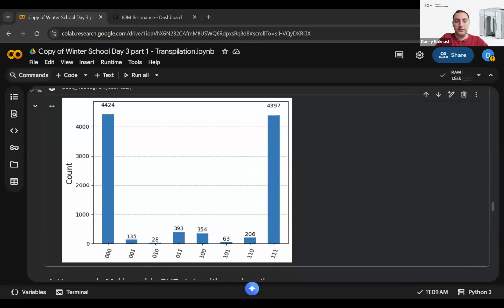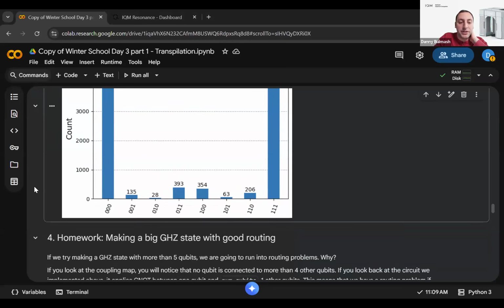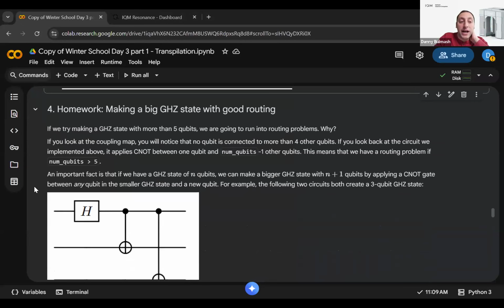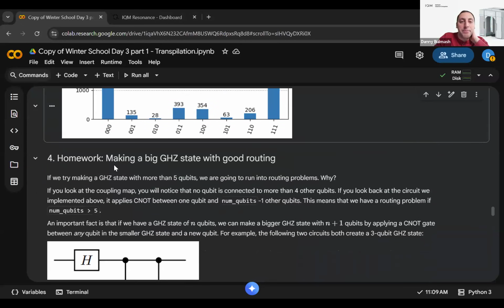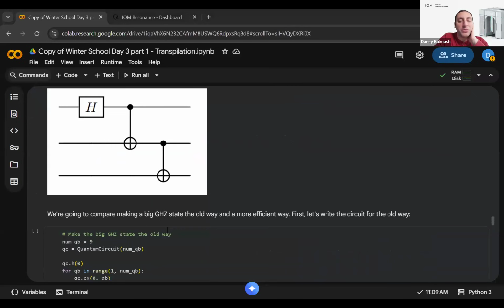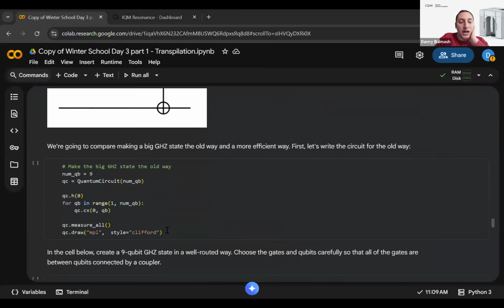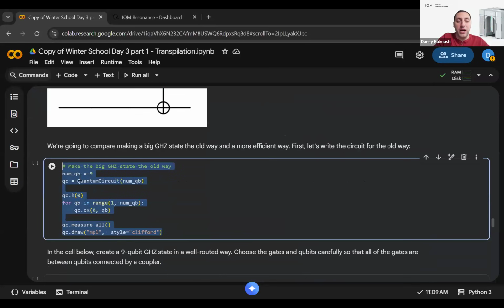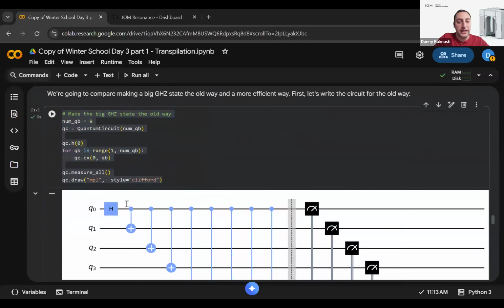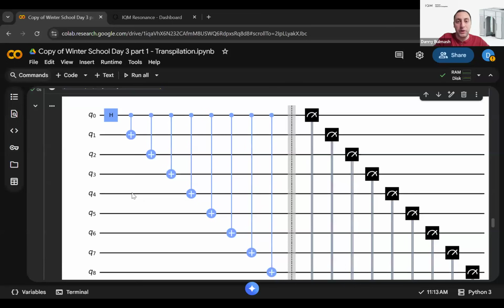Someone is asking if you can repeat what the homework is again. So you'll get attendance credit for running any of these jobs on Resonance, but the homework is described here. You're trying to make a big GHZ state that doesn't require swap gates. You want to compare a GHZ state made a naive way, which looks something like this, where all the control gates are controlled on the same qubit.